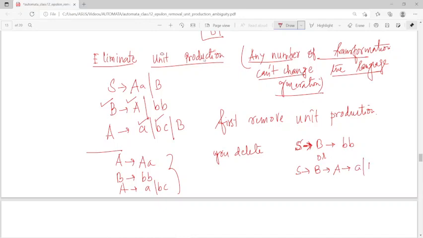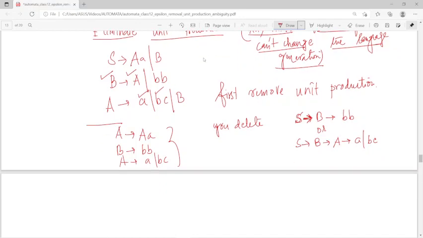So we can add these. This is S, I think I'm writing it wrong, this is S. So from S we can generate aa, but also bb, also a, or also bc, right?